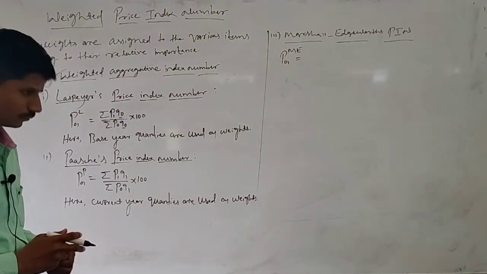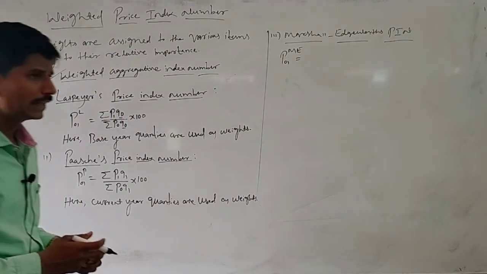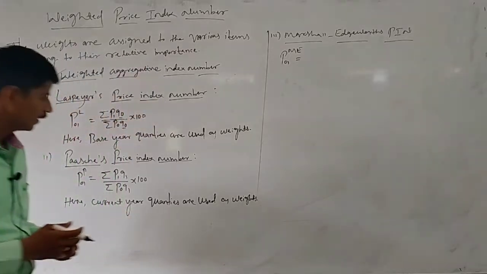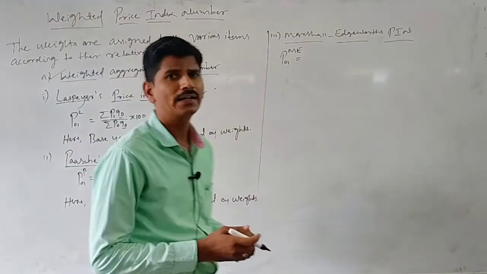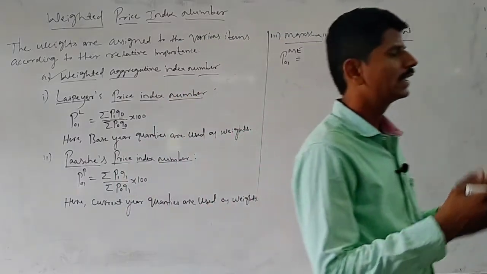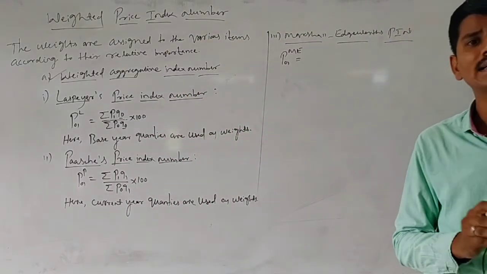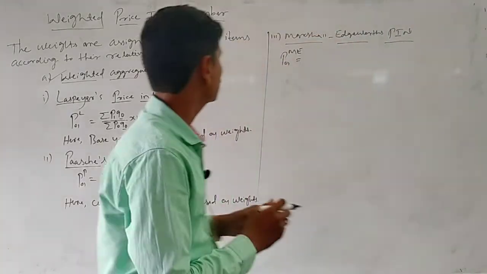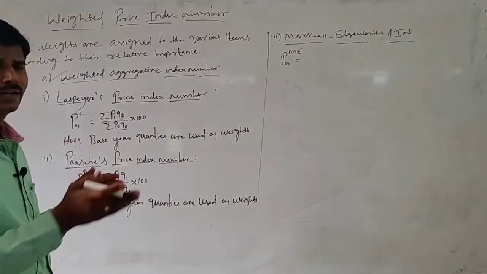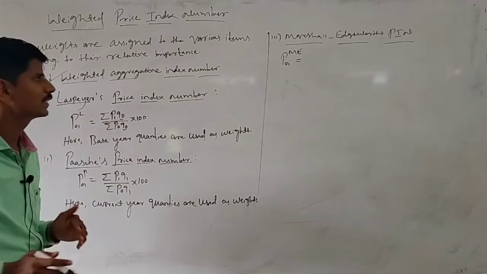Here the average of base year and current year quantities are taken as weights. In the Marshall index number, both base year and current year quantities are taken as weights.